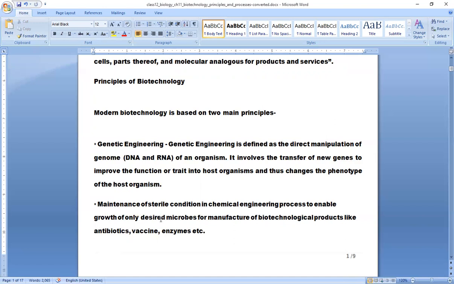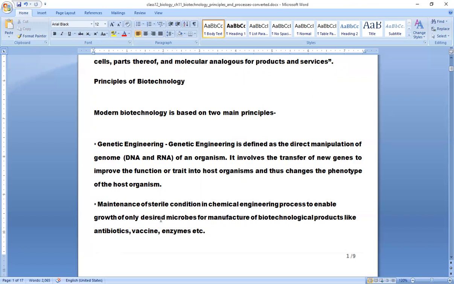Sterile conditions are very important when you are working at the industrial level. So in industries, what is needed? A sterile condition should be maintained. When you are talking about biotechnology, the maintenance of those sterile conditions in the chemical engineering process should be proper.